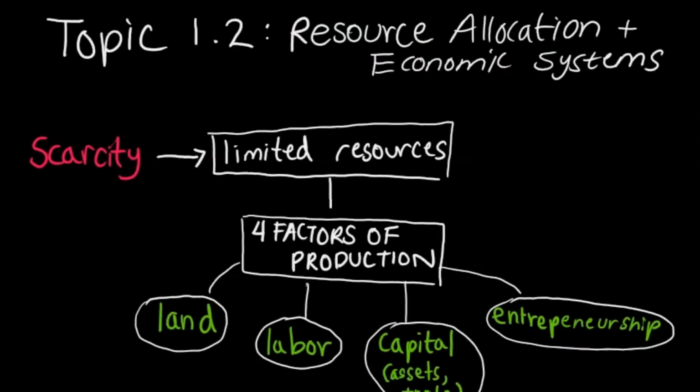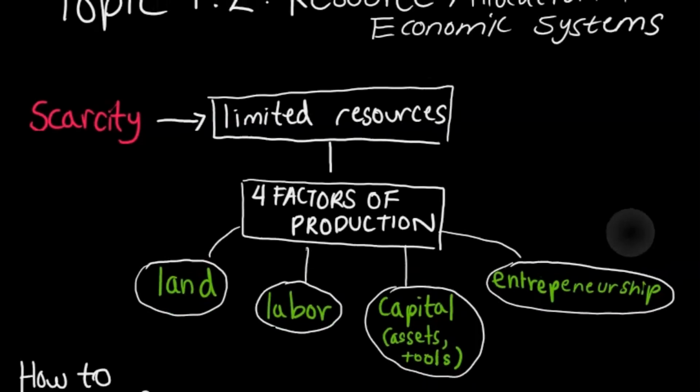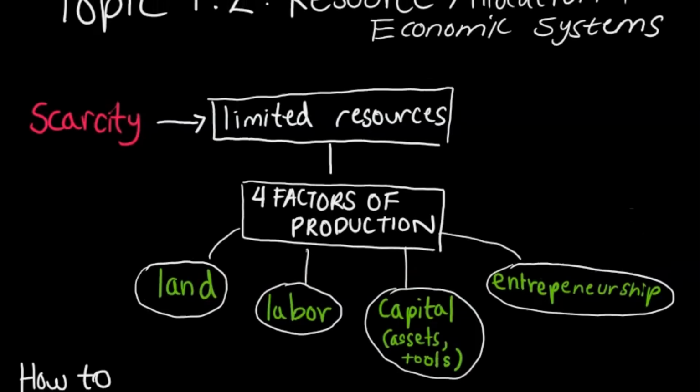Now let's talk about topic 1.2, which is resource allocation and economic systems. Okay, so we know we have scarcity, and because of scarcity, we have limited resources. But more specifically, these limited resources can sort of be boiled down to four factors of production which you need to know for economics.